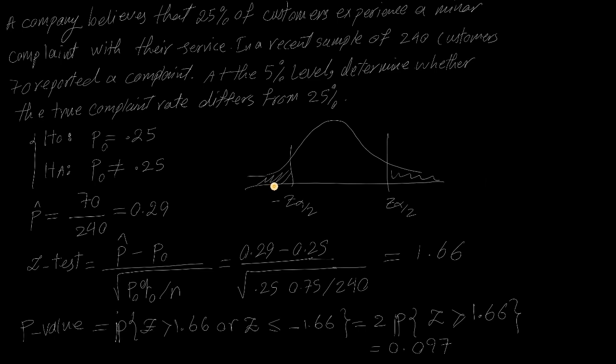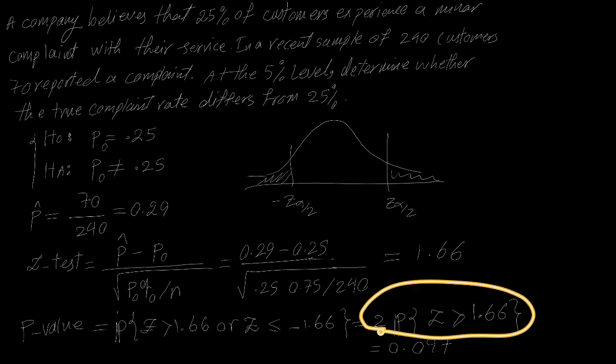And then what is the probability of z less than negative z-test? So I'm going to find the probability of a random variable greater than 1.66 and less than negative 1.66. These two parts are equal to each other because the graph is symmetric. So if you find the probability of one part and multiply by 2, then you have the probability of both.